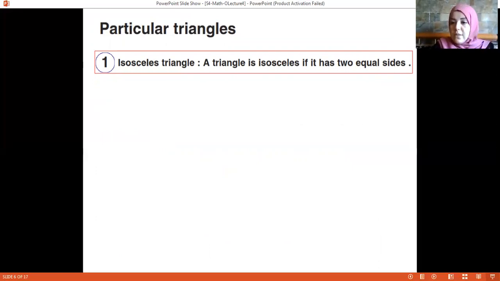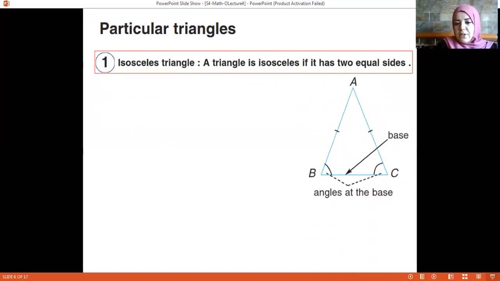Iso means equal. So an isosceles triangle has two equal sides and two equal angles only. You know that we have three sides, three angles. In the isosceles triangle, we have two sides equal and two angles equal.